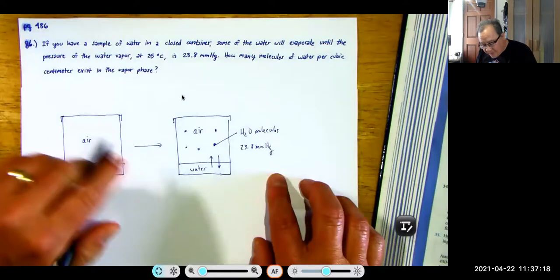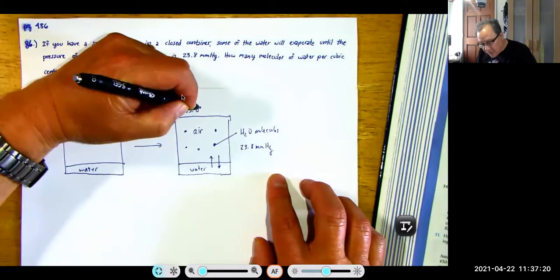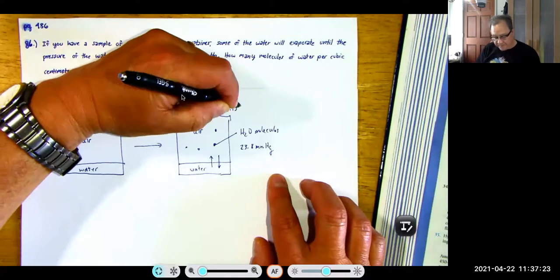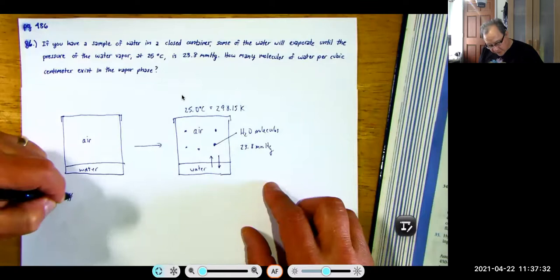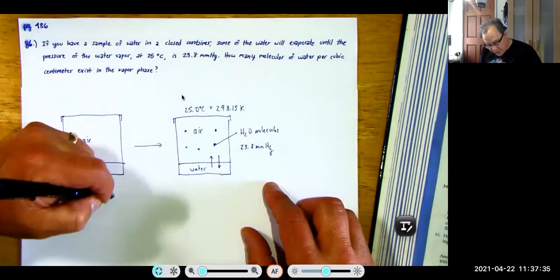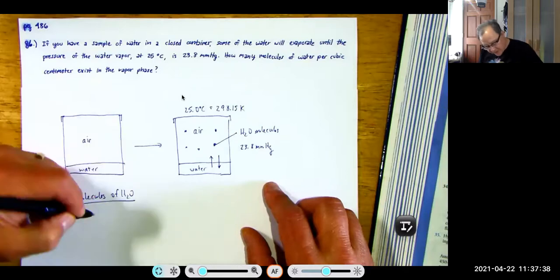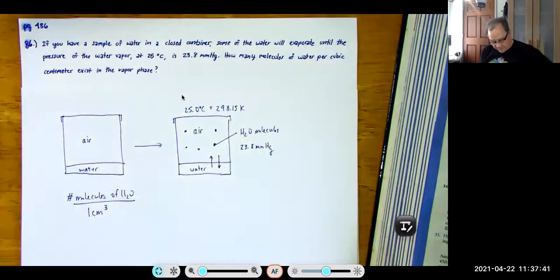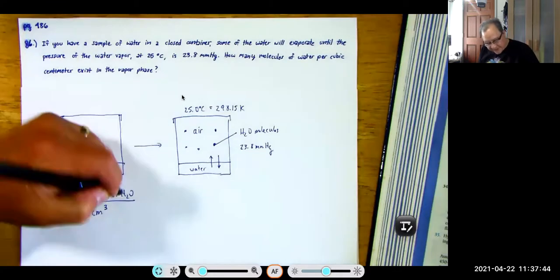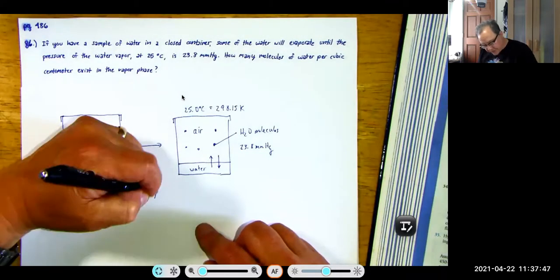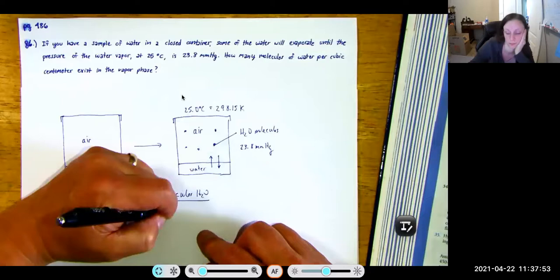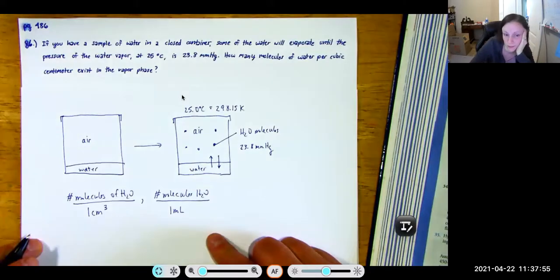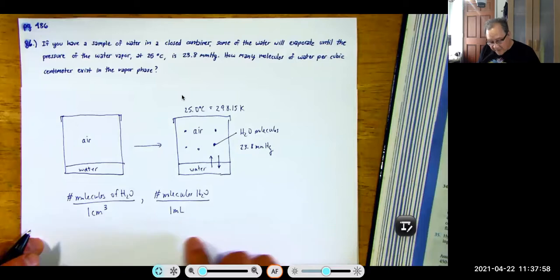And this is at 25.0 degrees Celsius, which is 298.15 K. And we want to know the number of molecules of H2O per 1 centimeter cubed, which is the same as saying the number of molecules of H2O per 1 milliliter. Now, I'm a little bit leery of that milliliter.